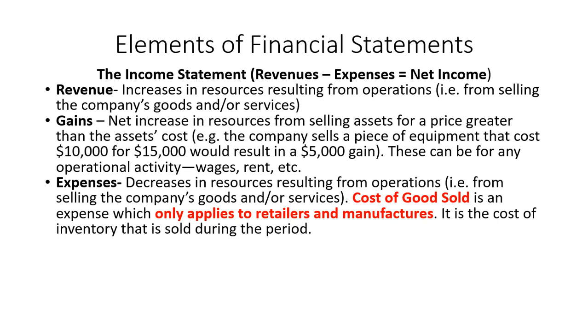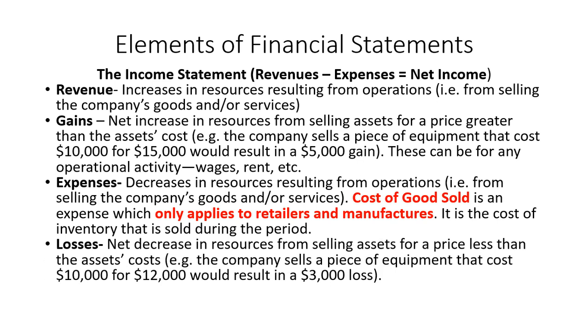So if you sell, let's say, one baseball bat for $50 and it costs you $30 to make, your revenue from that transaction would be $50, but your cost of goods sold would be $30. So we'll get to this in a second, but your gross profit on the bat would be $20. So it is the cost of the inventory that's sold. What companies always do, as you'll see in a second, is they match it against the revenue, and they take the revenue less the cost of goods sold, and that's their gross profit by definition. Okay, now losses.